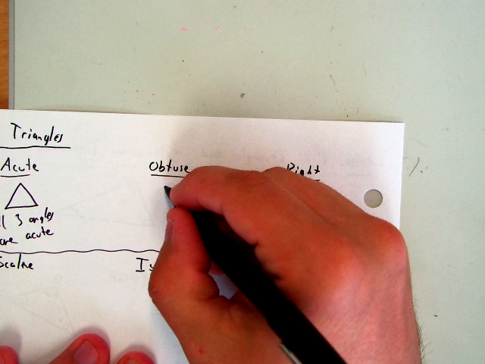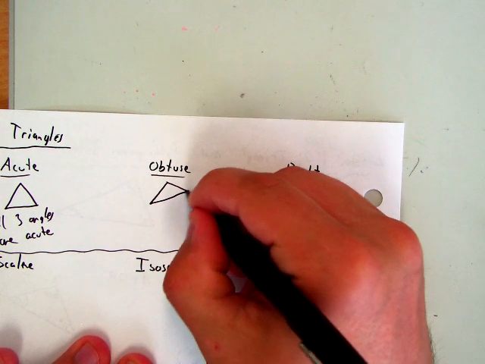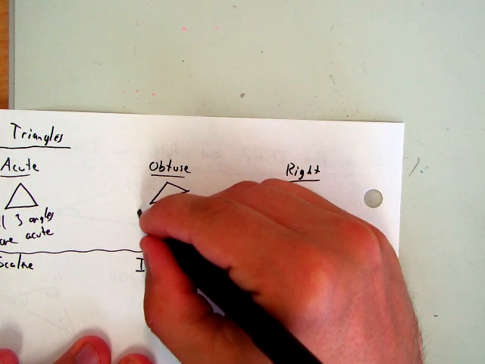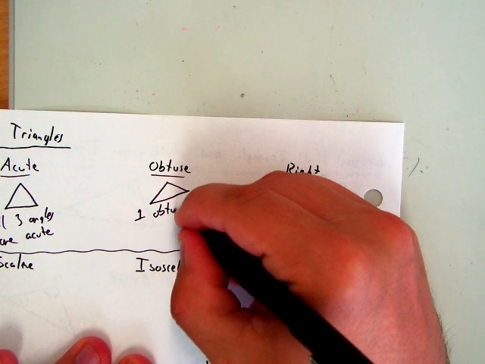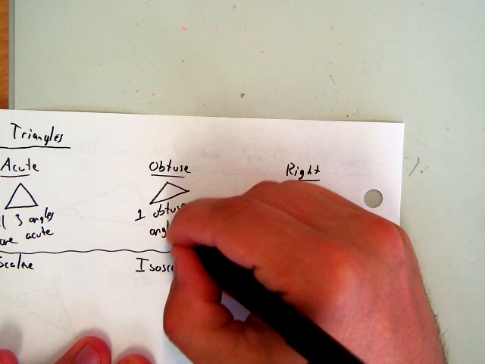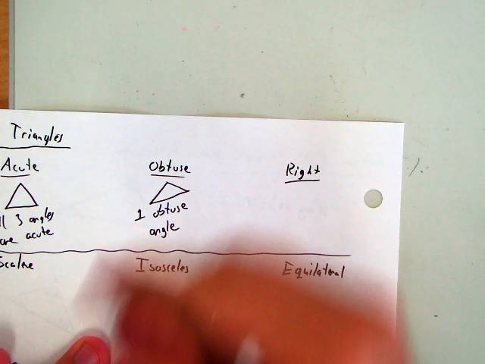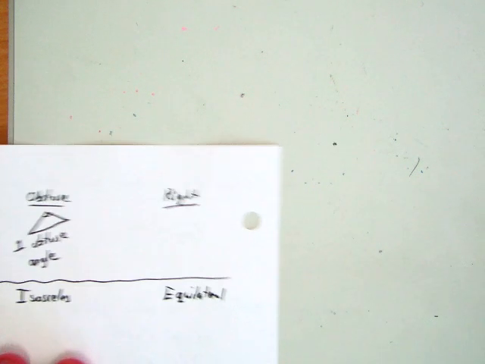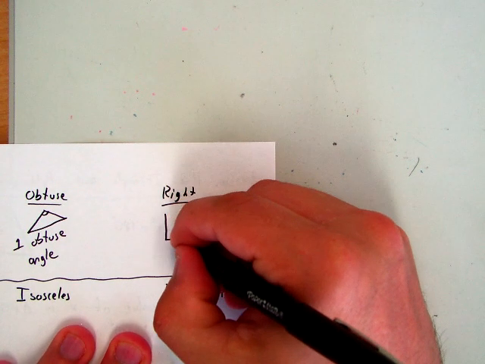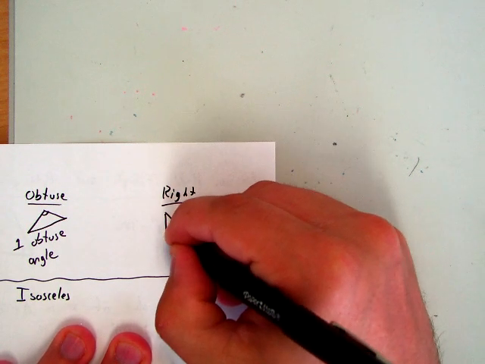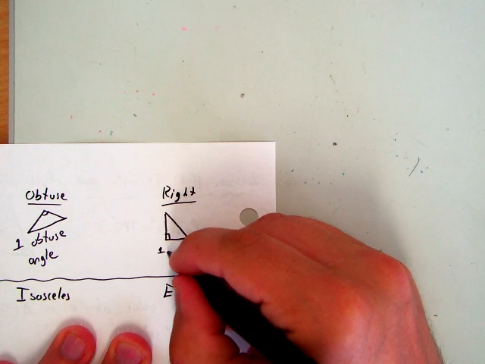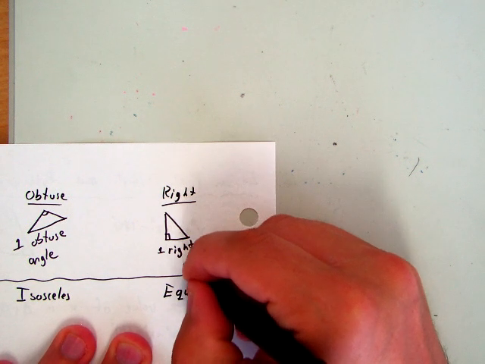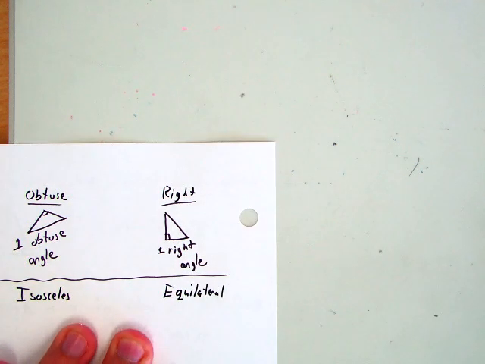An obtuse triangle would look something like this, where I have one obtuse angle. And in fact, that angle would be right here. And then a right triangle would have one right angle.